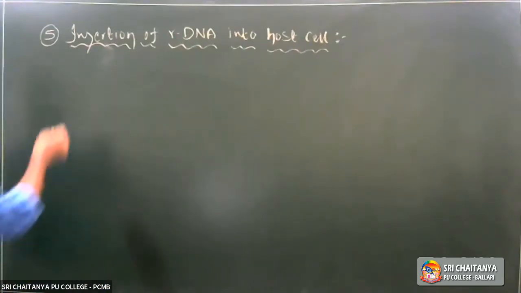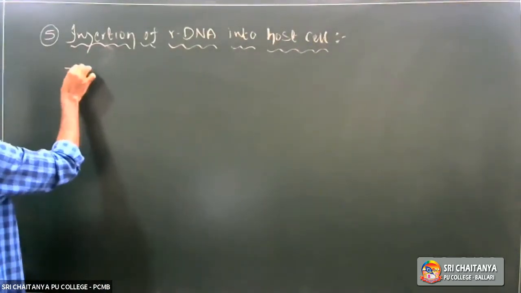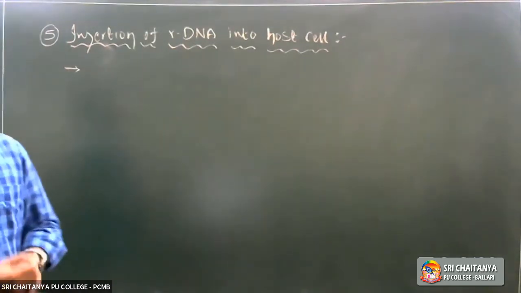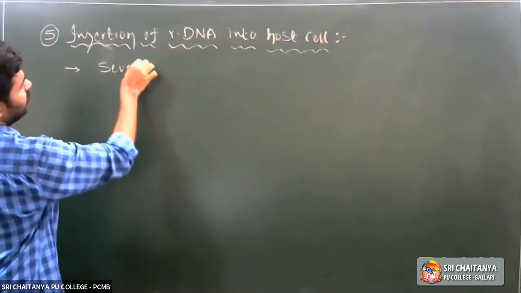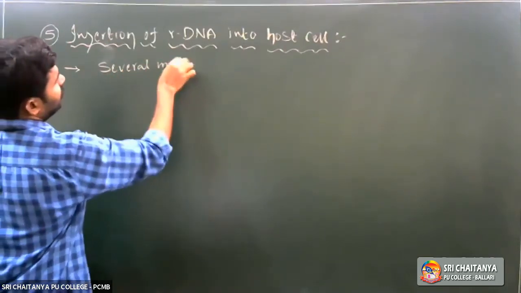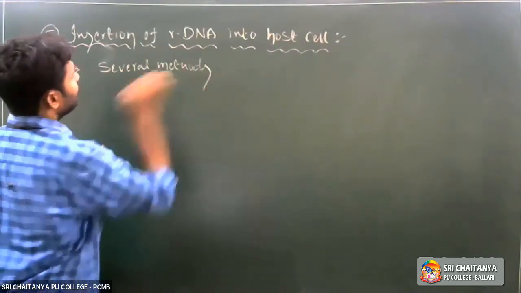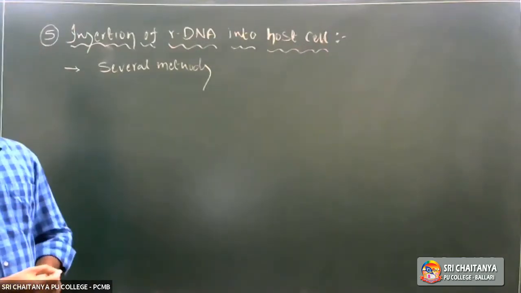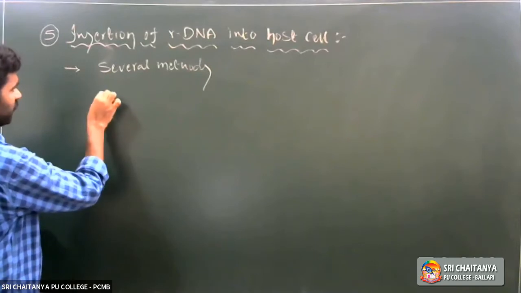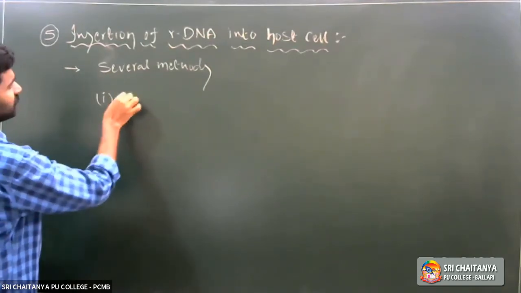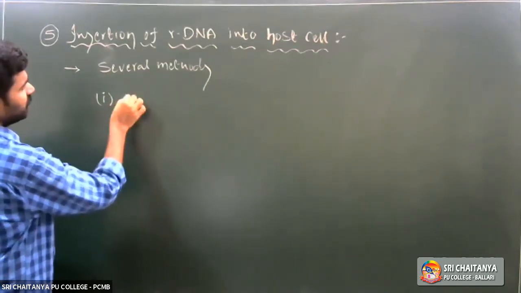Right. So for the insertion of rDNA molecule into the host cell cytoplasm, we are using several methods actually. What are they, sir? The first one is calcium chloride treatment.